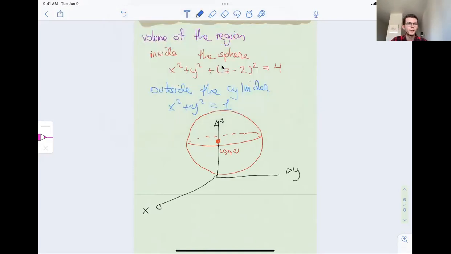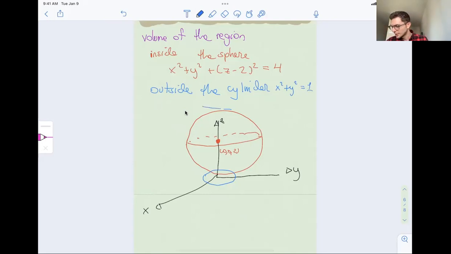What's this equation? This equation is really the equation of a circle, right? So you draw it here, but it's the same thing we have talked about before: strictly speaking, it's a circle that you get at each level, at each height.